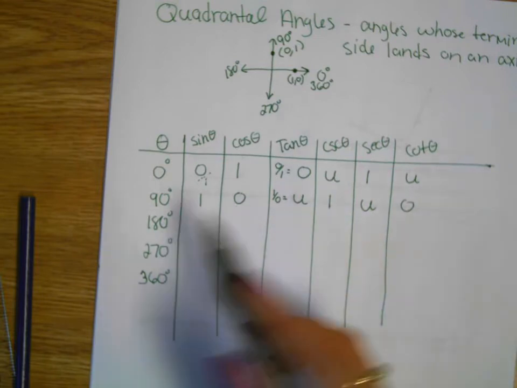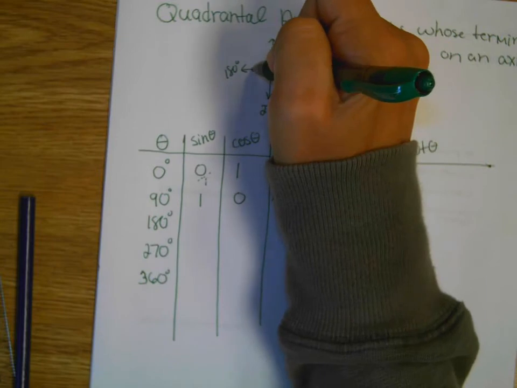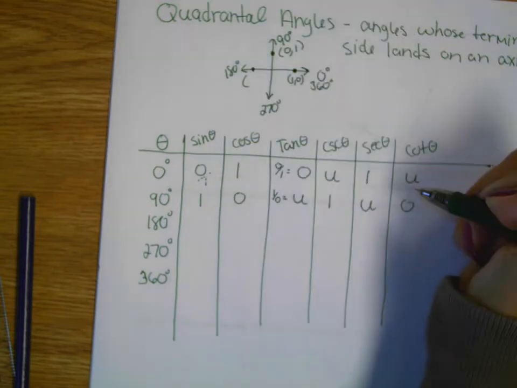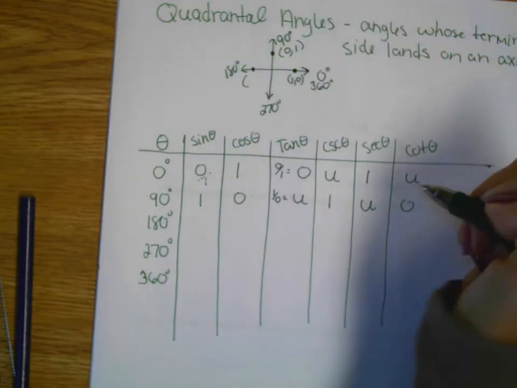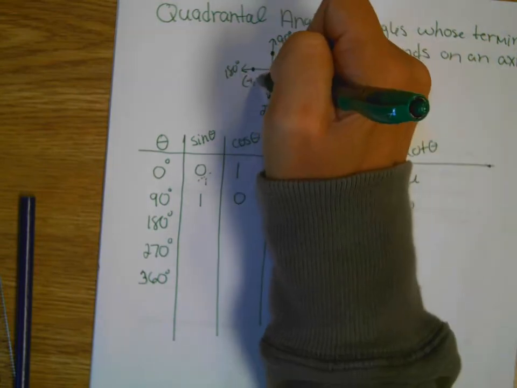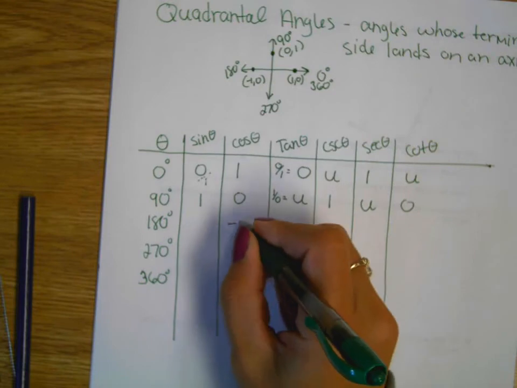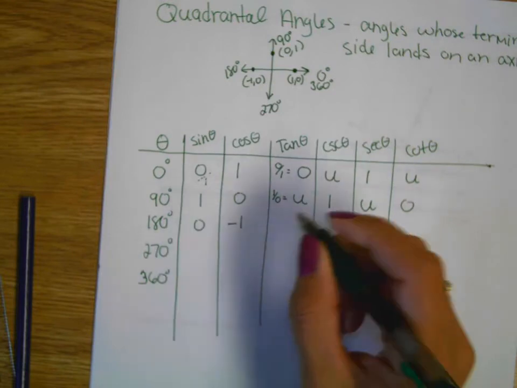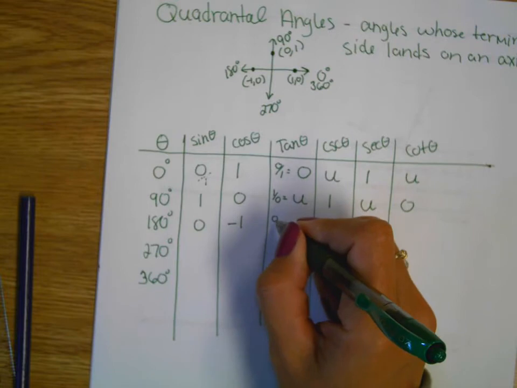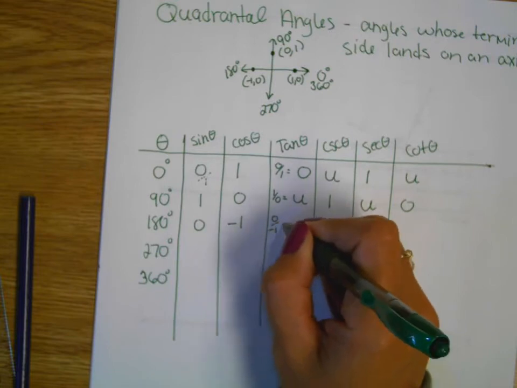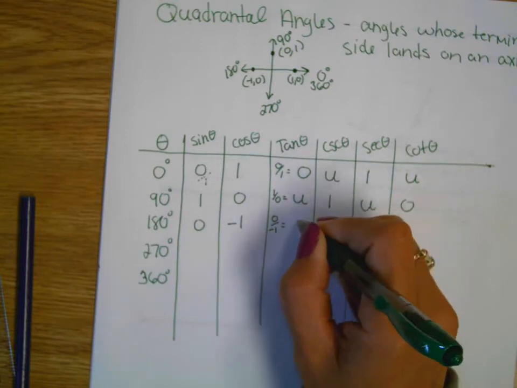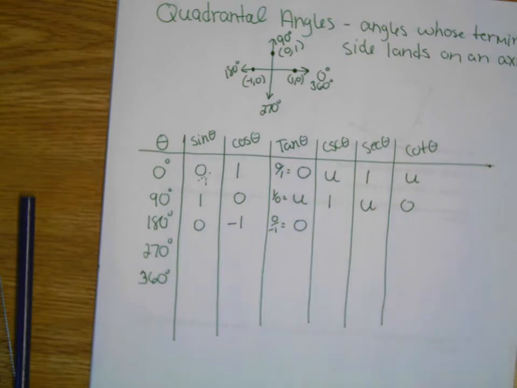Back and forth. 180. What's our ordered pair there? Negative 1, 0. Cosine, sine, alphabetical order. Cosine's the negative 1, sine is the 0. Tangent's going to be 0 divided by negative 1, which is 0.